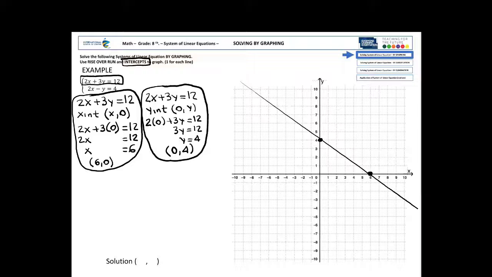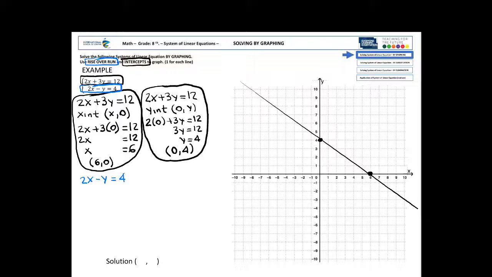Now it's time to graph this second line here. I'm going to call this line here the blue line, and for this I will use rise over 1 method. So the line is 2x minus y equals 4.